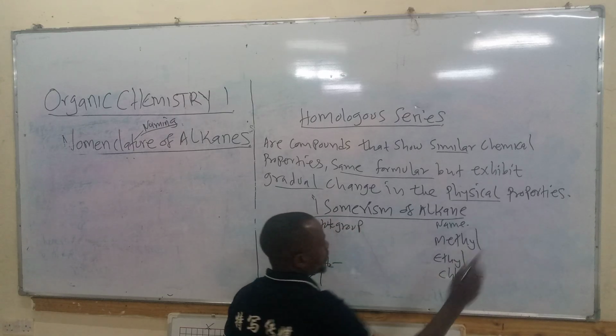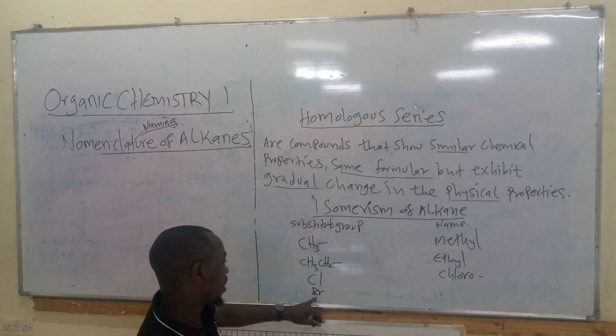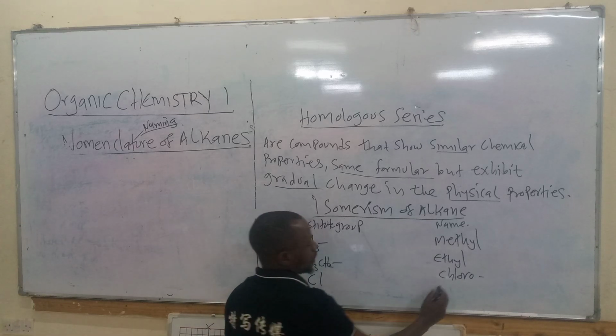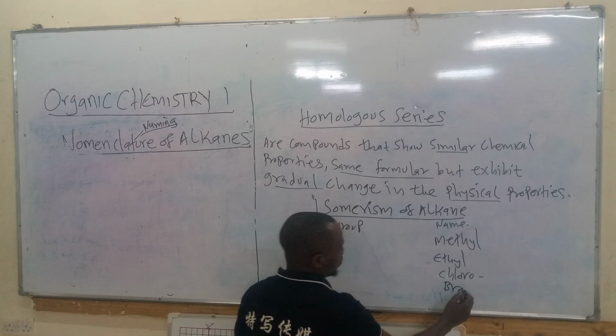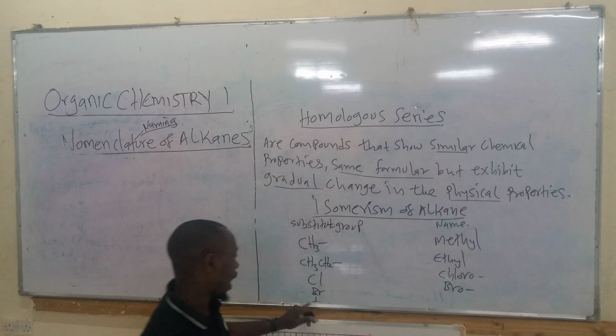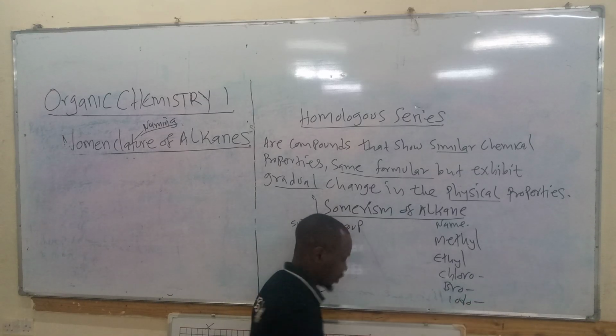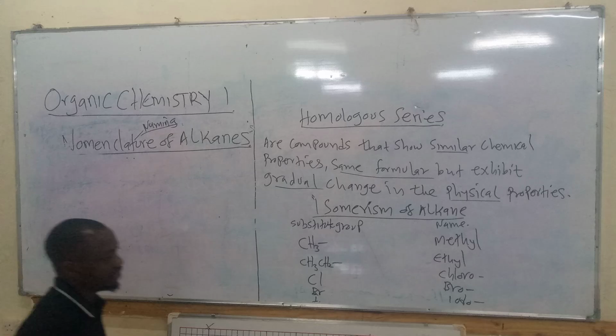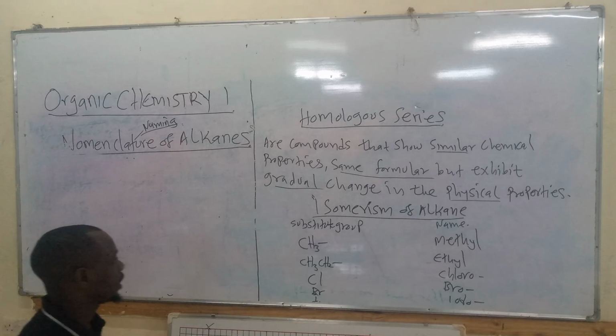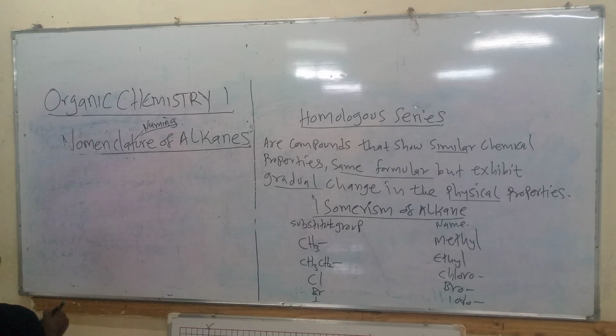We write chloro before the parent name. Bromine becomes bromo, and iodine becomes iodo, and we proceed like that. Let me give you an example so that you can understand it best.